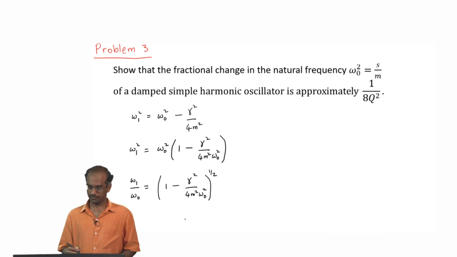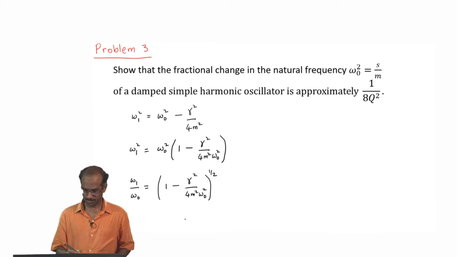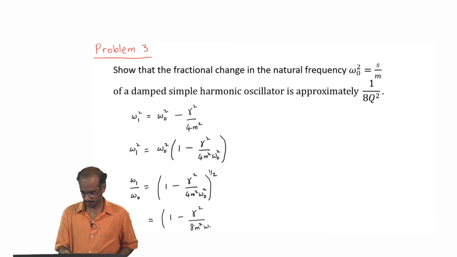Here is where we will do a binomial approximation, and if I do that, I will get 1 minus gamma square by 8 m square omega square.